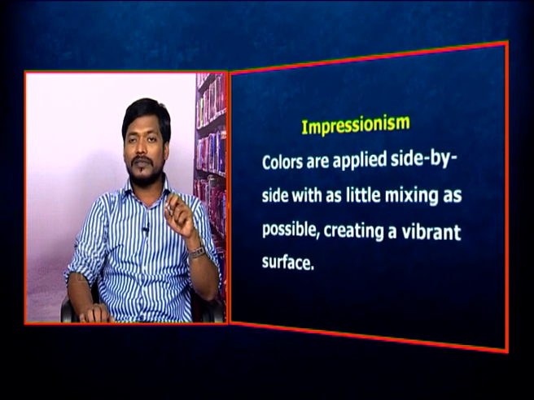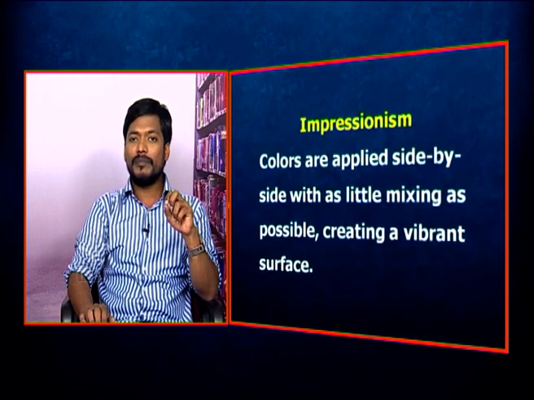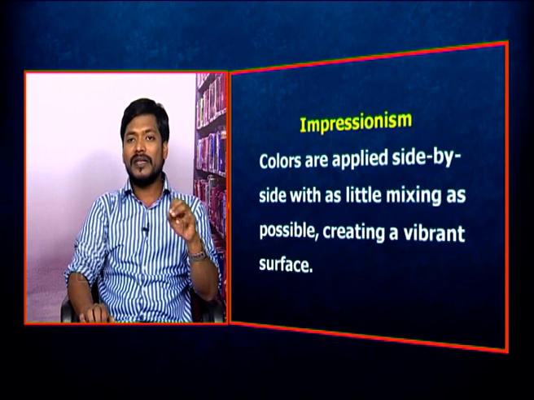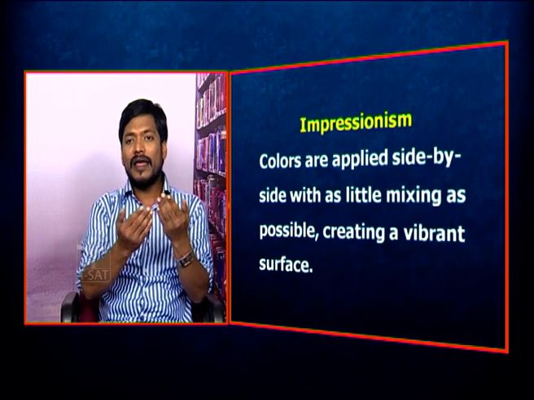So you can see short, thick strokes of paint are used to quickly capture the essence of the subject rather than its details, so you don't see much detail, right? So that was also a disappointment for the viewers and the critics, right? So colors, as I said, were not mixed on the palette, right? They were not pre-mixed, but the primary colors, the fresh colors, were applied one after another.